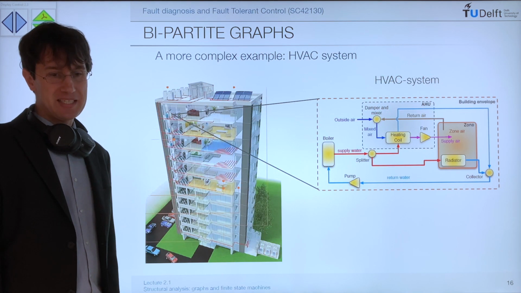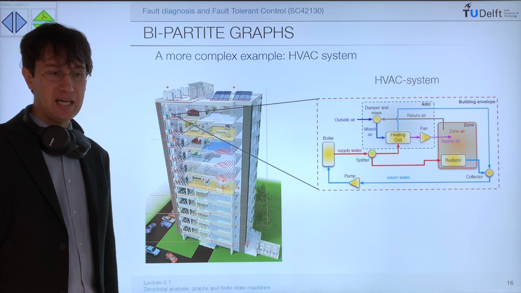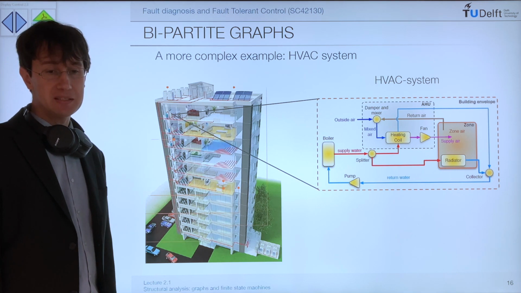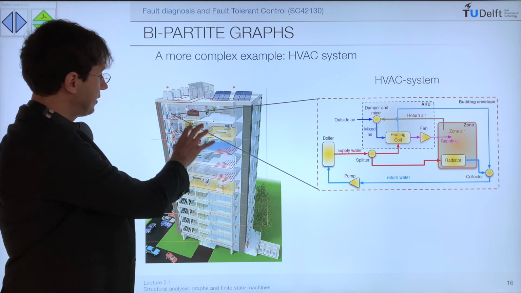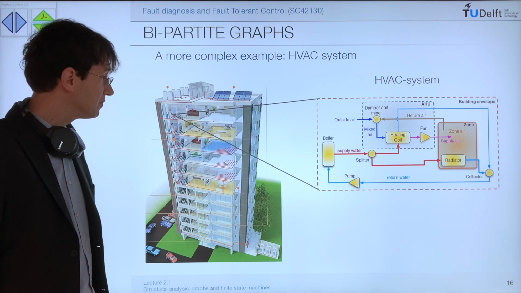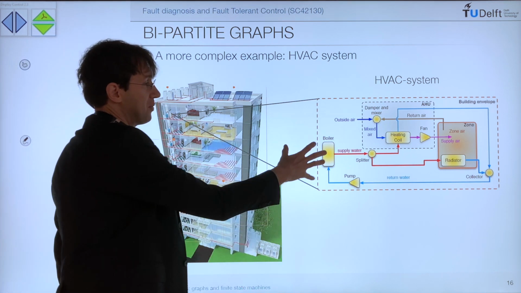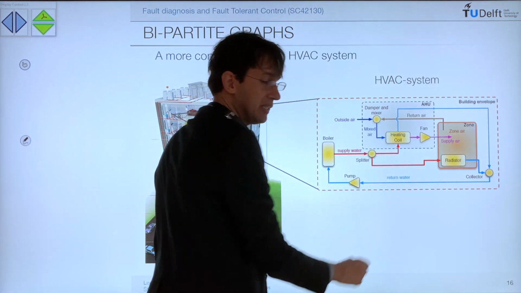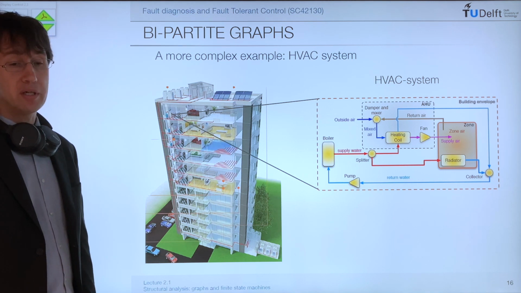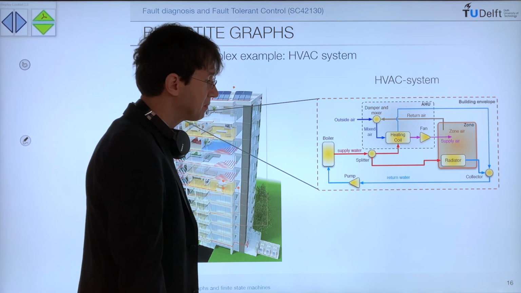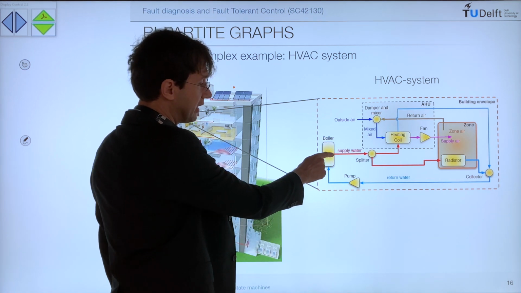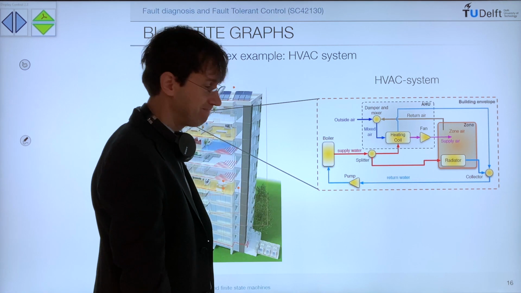The more complex example is about a heating, ventilation, and air conditioning system in a building. So in a modern building, in every independent unit, you have a system like this one that is providing temperature and air quality control. This system is comprised of a boiler that is providing hot water.